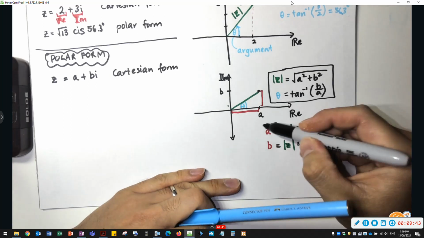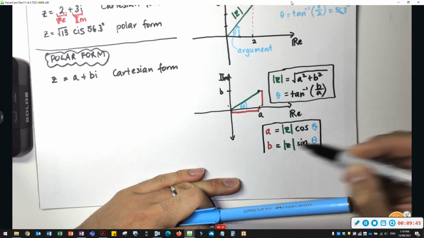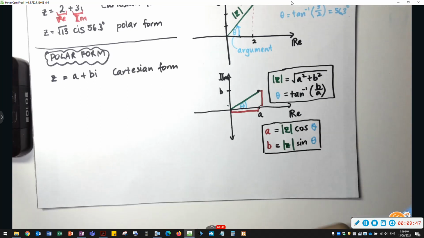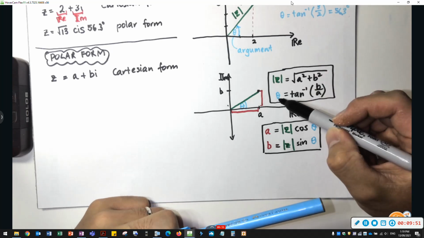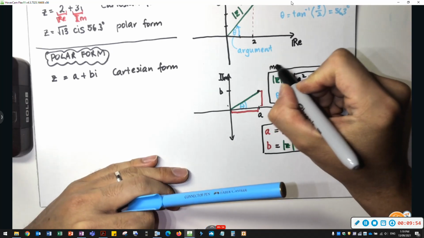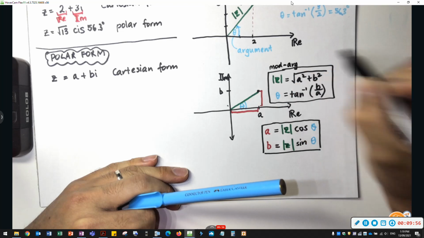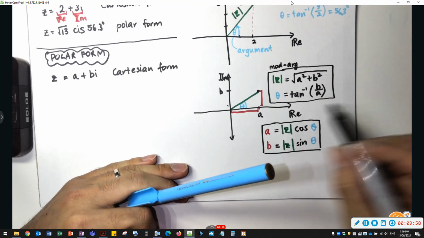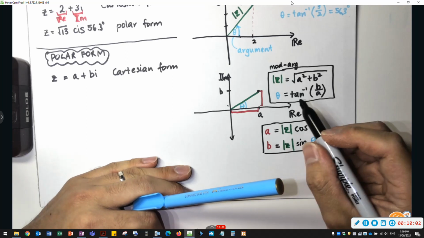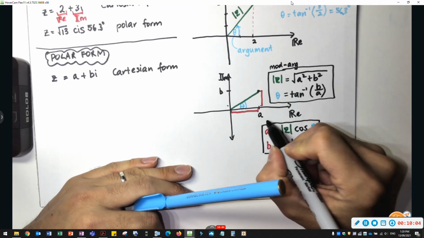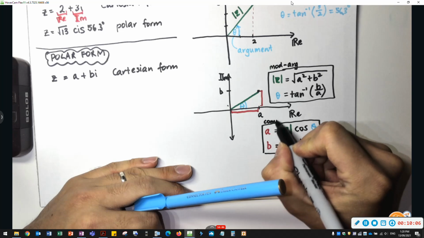Okay, so this is another set of useful conversions. Alright, so this one calculates modulus and argument, mod arg, and this one calculates the real component and imaginary component. Okay, so these are the components.